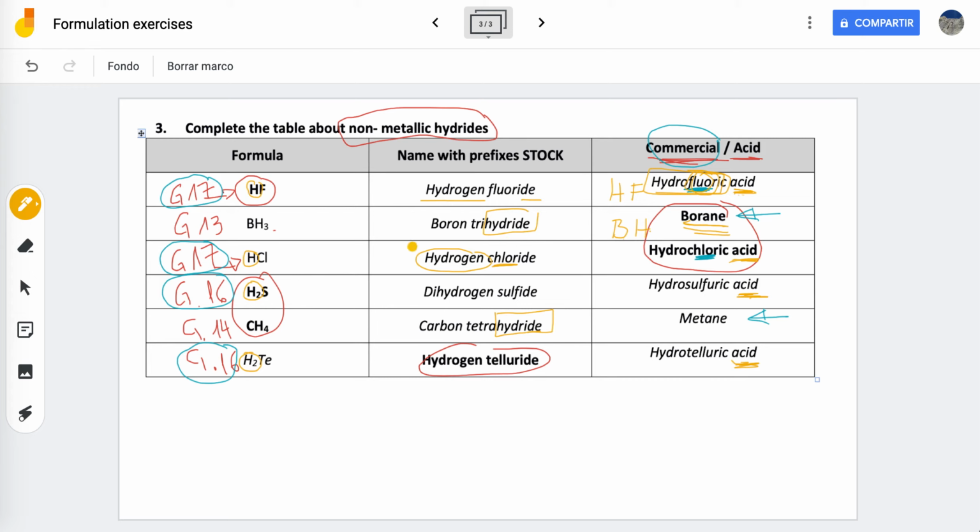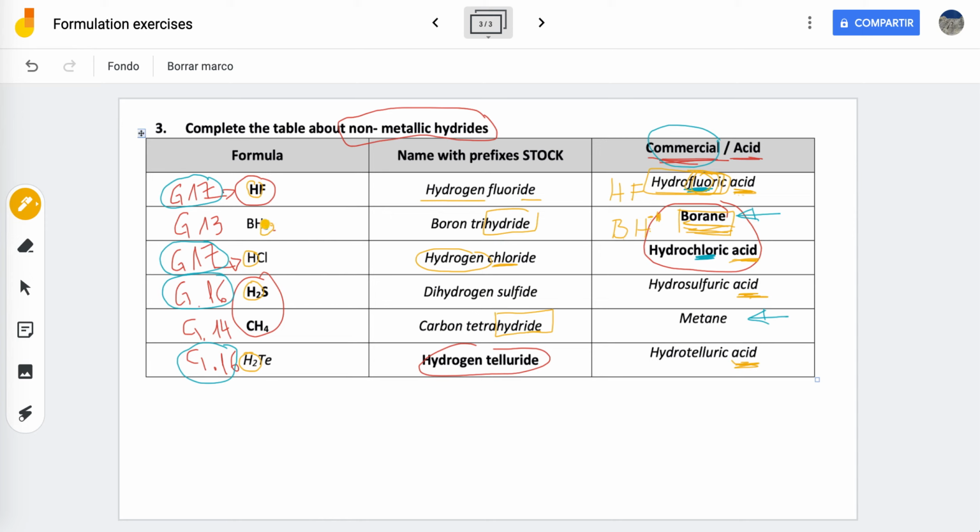So I write it down, boron H, and now I have to guess what's the oxidation number of boron. It has 2 and 3, but what I know is that hydrogen has always -1. So here could be 3 or 2 because boron has 2 and 3. But borane is really a specific compound, it always goes with 3.